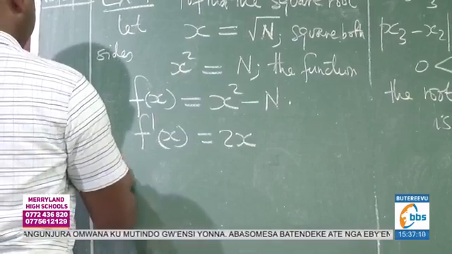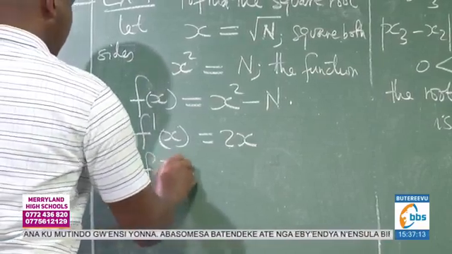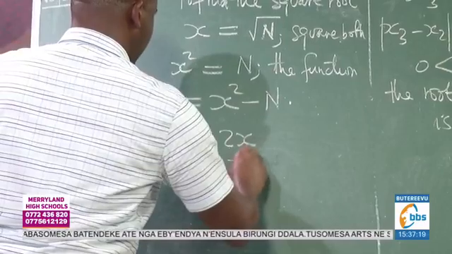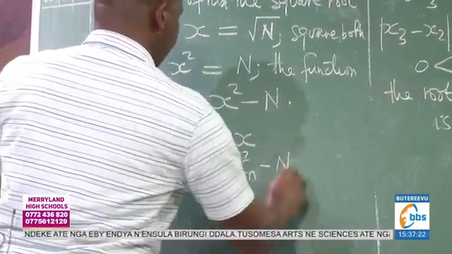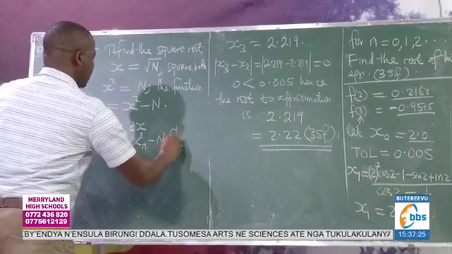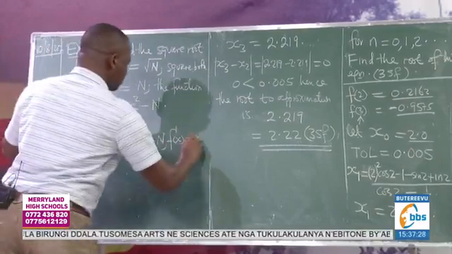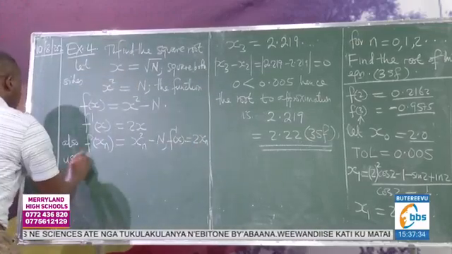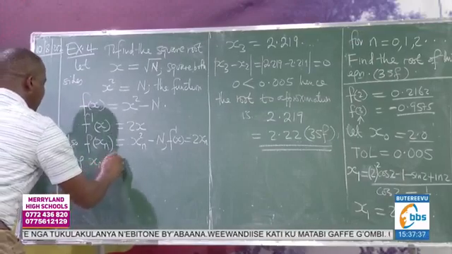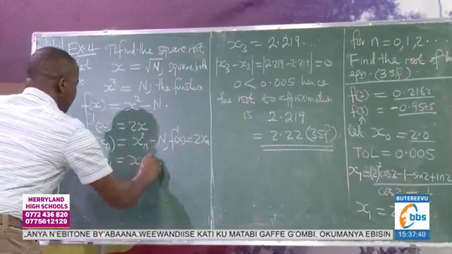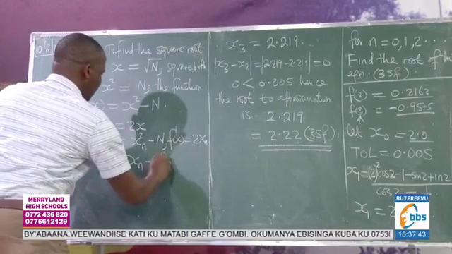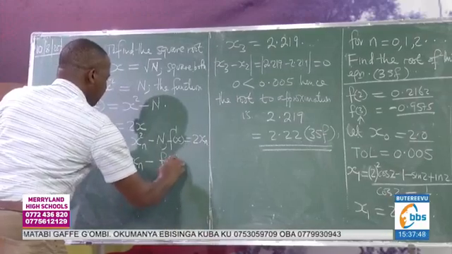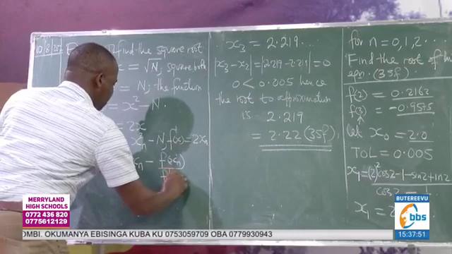Also, if we consider xn, the first approximation, our function can now be written as xn squared minus n, and our derivative can be written as 2xn. So using our Newton Raphson standard formula, xn plus 1 should be equal to xn minus f of xn over the first derivative of xn.